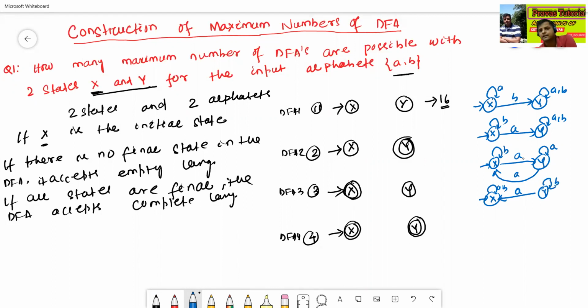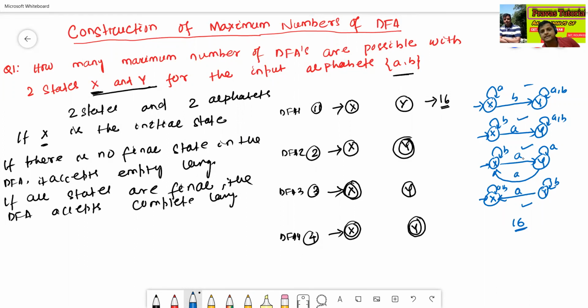In this way, we can construct a total of 16 DFAs if both states are non-final.